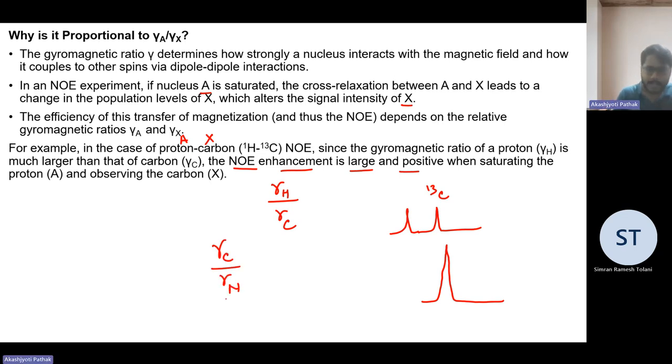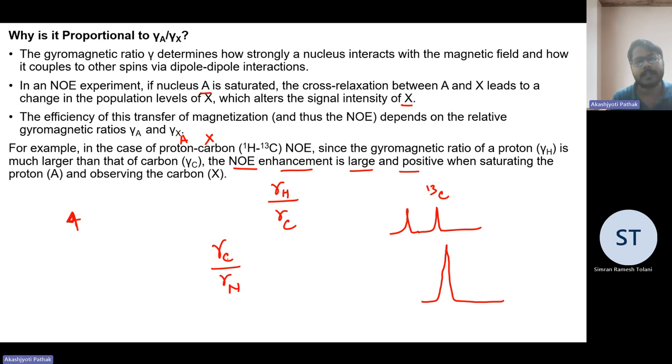In that case, we would not see a much enhanced signal of nitrogen, because the gyromagnetic ratio of carbon is 4 times less than that of hydrogen, and the nitrogen gyromagnetic ratio is 10 times lower than hydrogen.